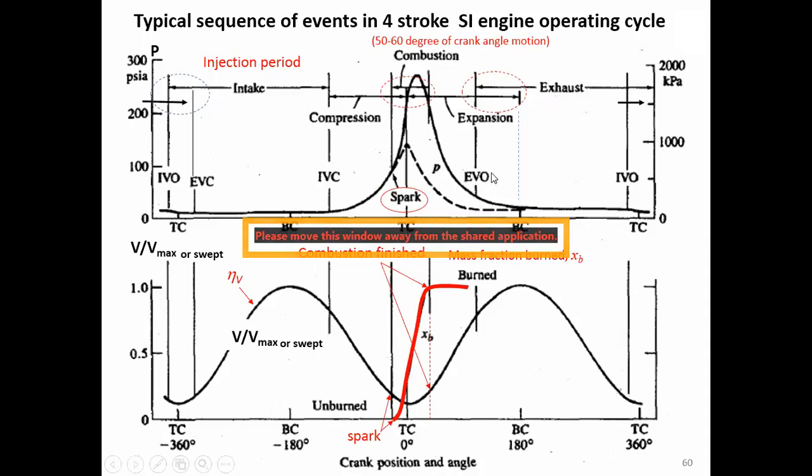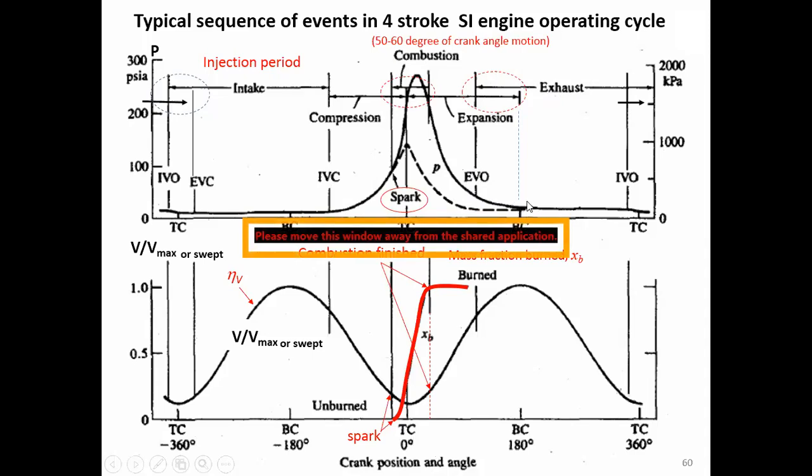Right? Remember, the inlet valve closed already from here, right? So now, at this point, the exhaust valve opens. The piston is still moving down and down and down until it reaches the bottom dead center. And then the piston starts moving up, right?